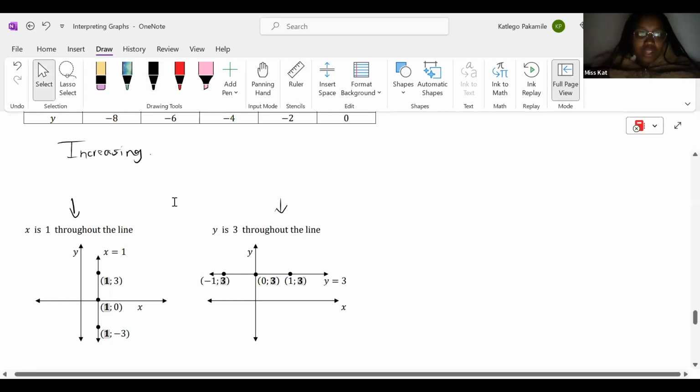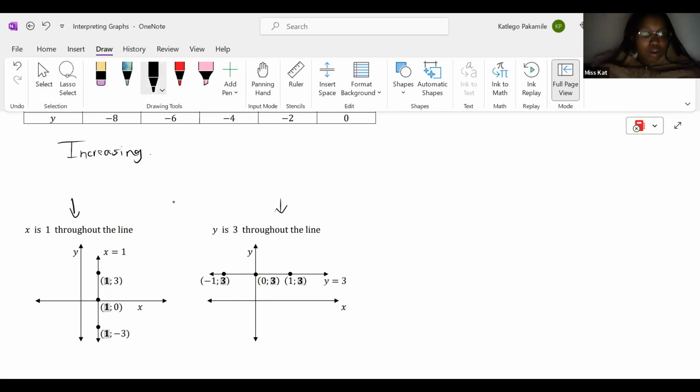Okay, so these two would be constant graphs. A constant graph can either go horizontally, that's when your y doesn't change. Can you see that here? The y remains 3, 3, 3, right? So that will be a horizontal constant graph, and a vertical one is when your x doesn't change. 1, 1, 1.